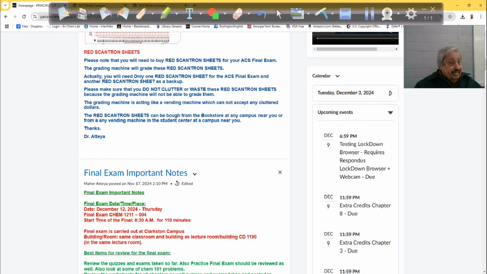Bring your ID and a non-graphical calculator, a simple one. Or a graphical one, but it must not have a USB inlet or outlet, because you can download everything into this calculator. Those are not really calculators.